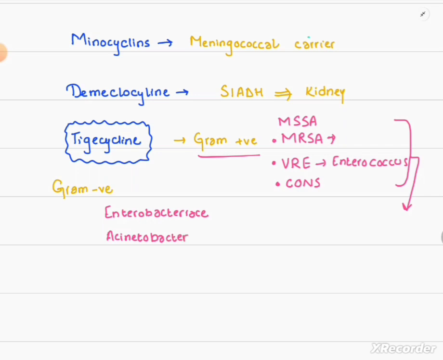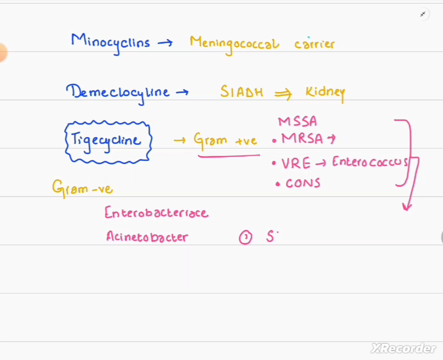It covers all the bacteria that were discussed earlier: Chlamydia, Legionella, Mycoplasma. So now it is a drug of choice in the treatment of all the skin and soft tissue infections and pneumonia and intra-abdominal infections. So it has an FDA approval for the treatment of all these infections.